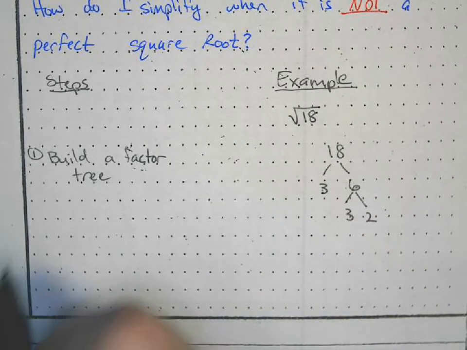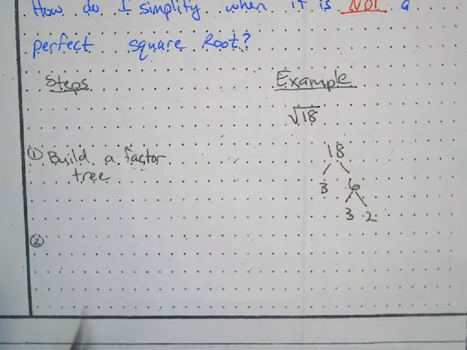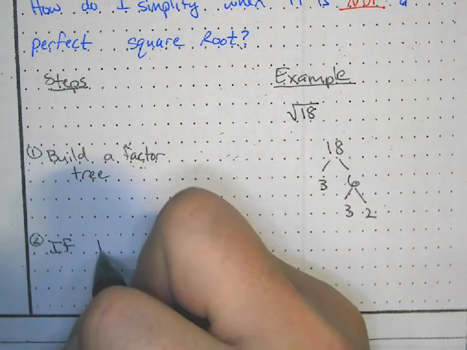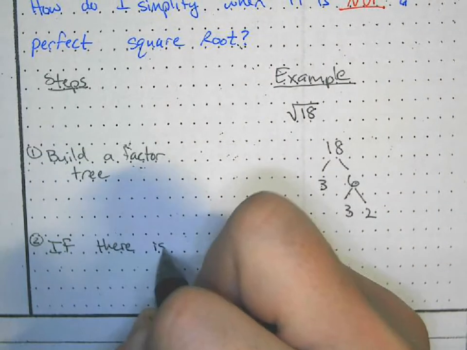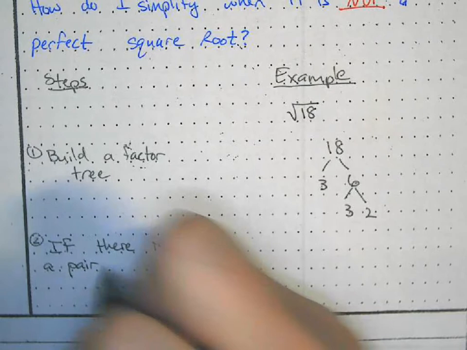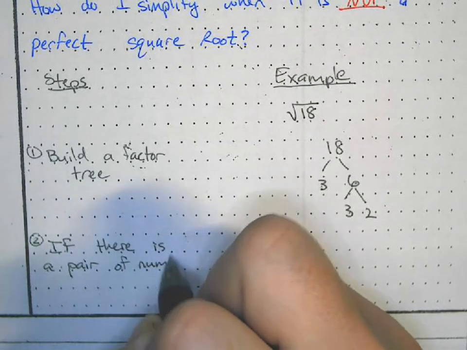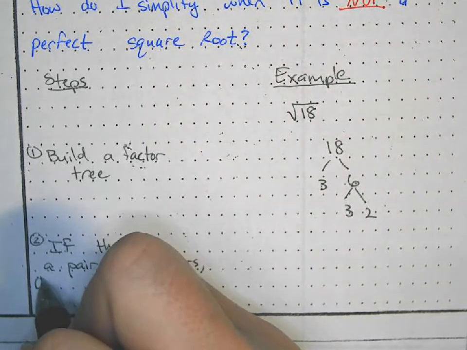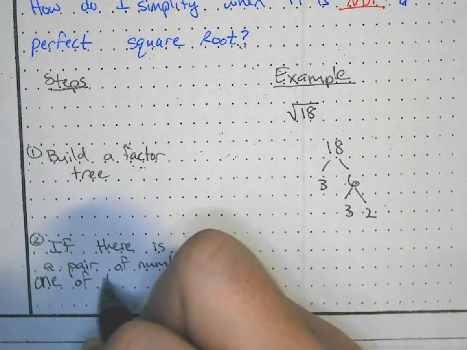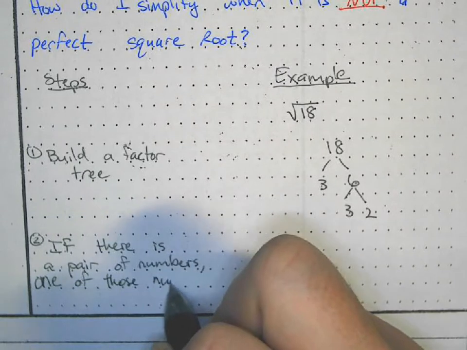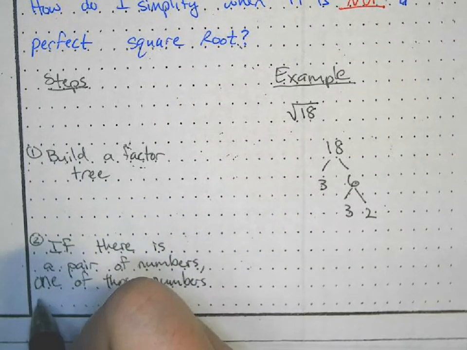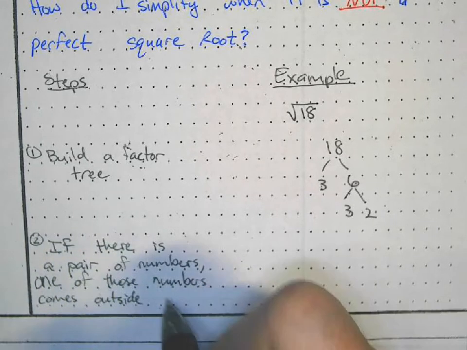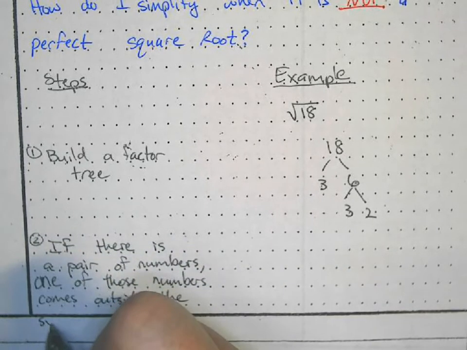So now, this is where it gets interesting. Step 2. If there is a pair of numbers, one of those numbers comes outside the symbol.